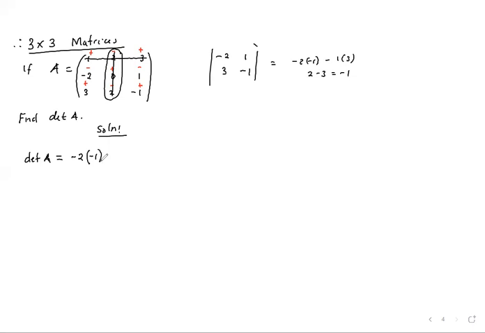And then I'll come to the second one. The second one is 0, and it has a plus. Now, when there is 0, I don't bother to see which matrix has remained, because I'm going to multiply by 0. I move to the next one, minus 2, and cancel again its column and row.